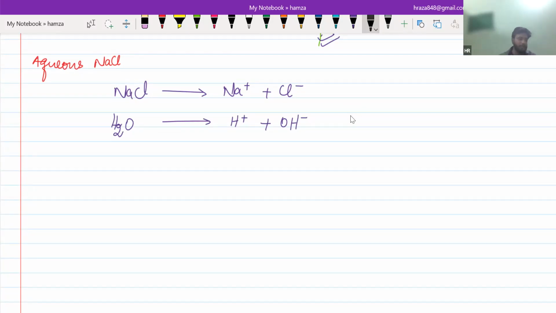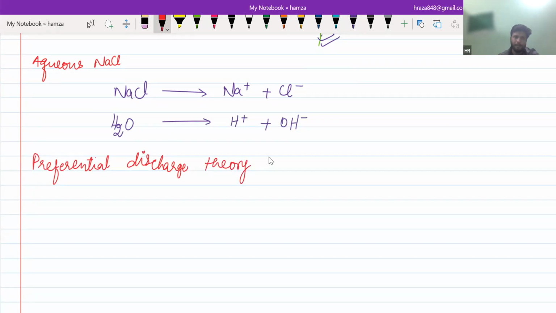Now we have to decide which one will go to cathode and which one will go to anode. And that we will do with the help of preferential discharge theory. First of all, there will be two cases, for cation as well as anion, positively charged and negatively charged.